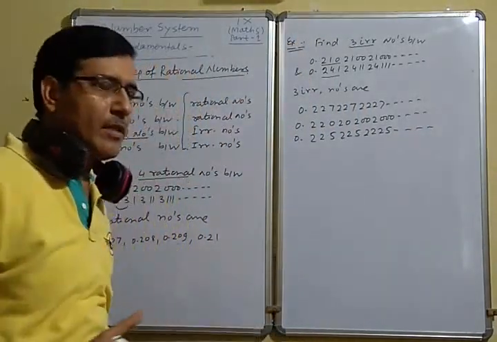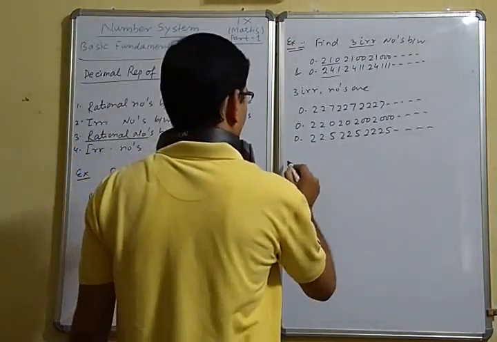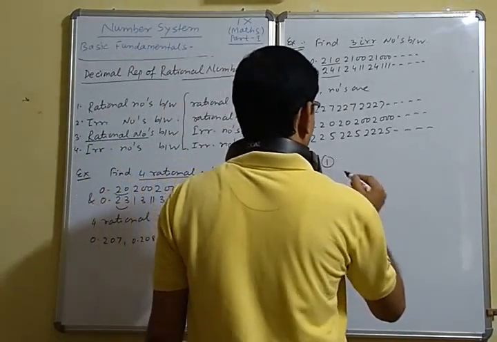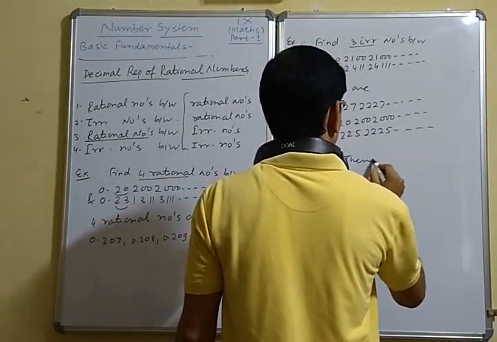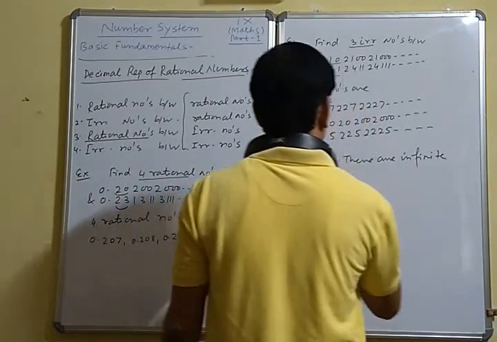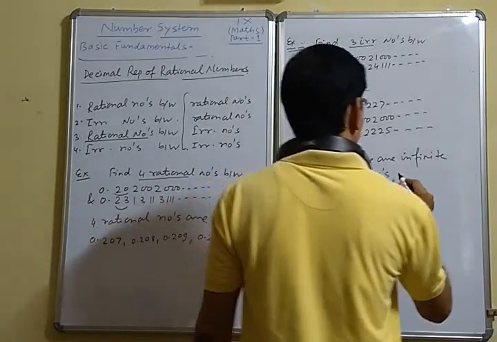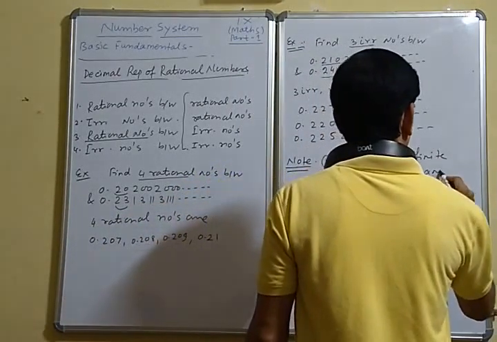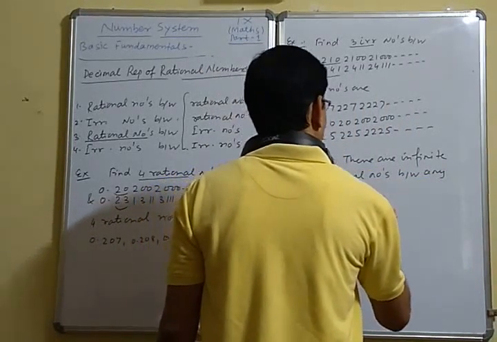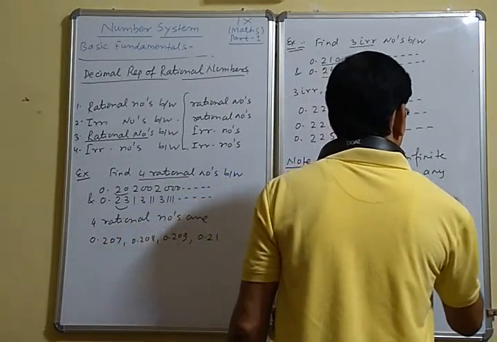Now at last we get some basic results. These are some important points. Number one, there are infinite rational numbers between any two given rational or irrational numbers.